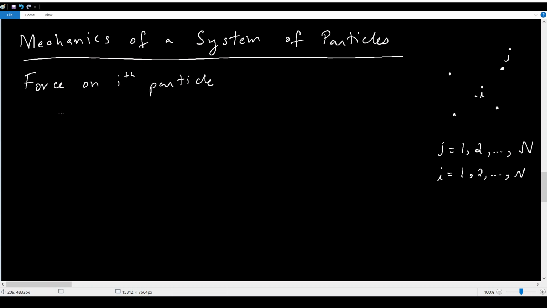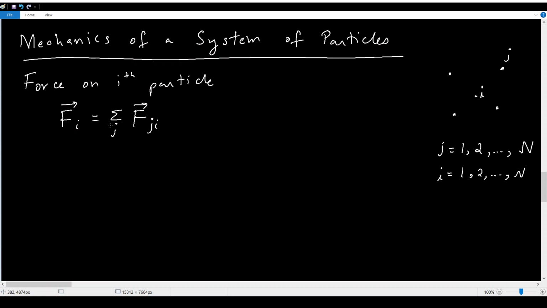So what is the force on the ith particle? Well, first of all, there's a force on the ith particle because of all the particles labeled j, they apply a force on i, right? So there is a force due to j on i, and this is summed over j.